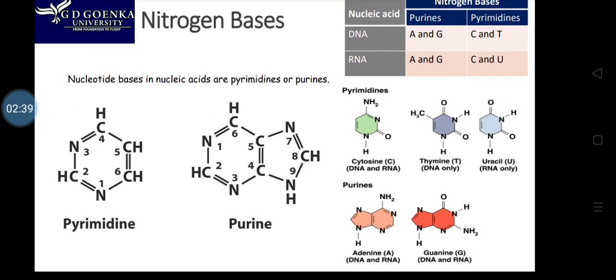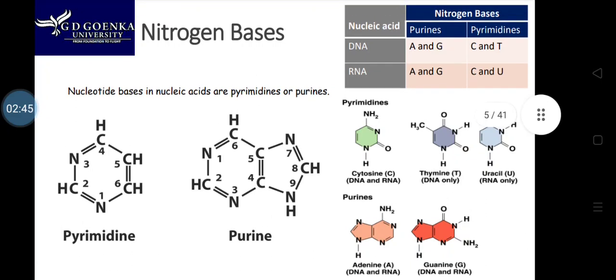So purine and pyrimidine, you can see the variation, the difference in the ring, how it looks. The pyrimidine ring usually has 6 atoms in its structure, and the purine usually has 9 atoms in its structure.